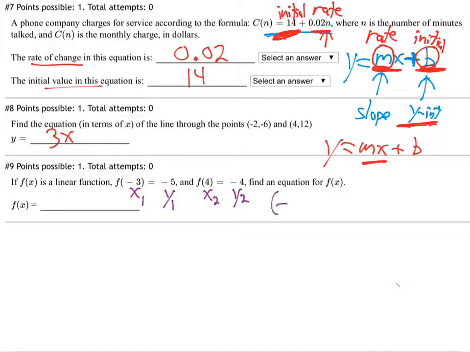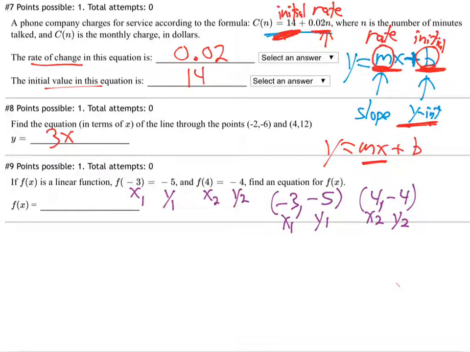So in other words, they're giving us minus 3, minus 5, x1, y1, and 4 minus 4, x2, 2, y2. Like that. Do you see that that's what they're doing?